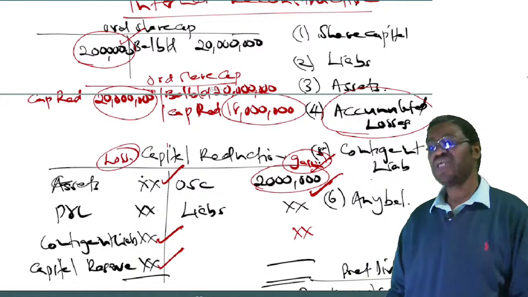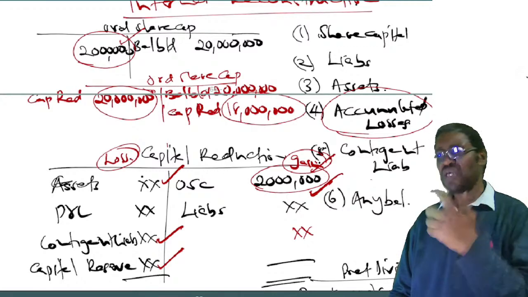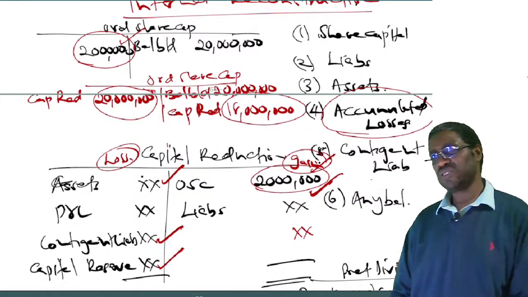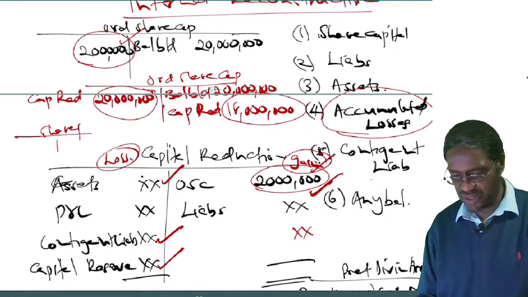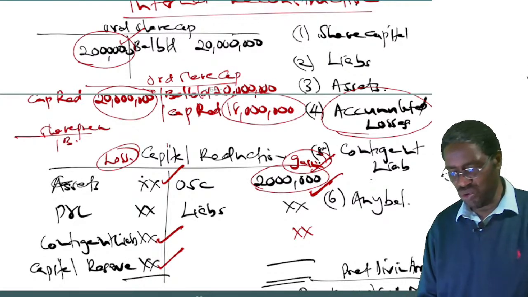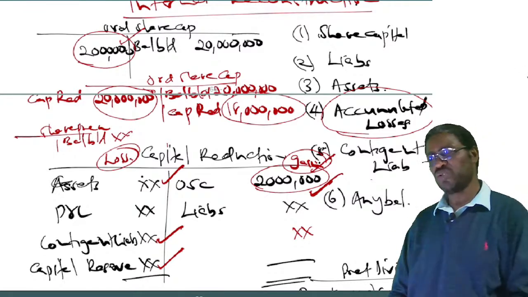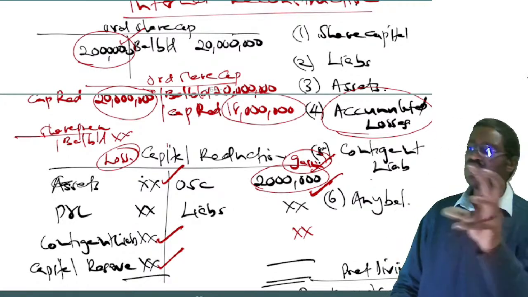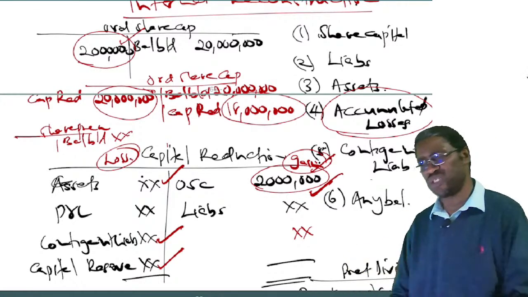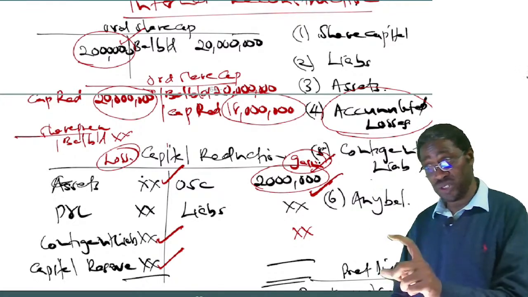Share premium is always a credit balance in the first place. Second, you also know share premium is an amount that belongs to shareholders. It's part of equity.